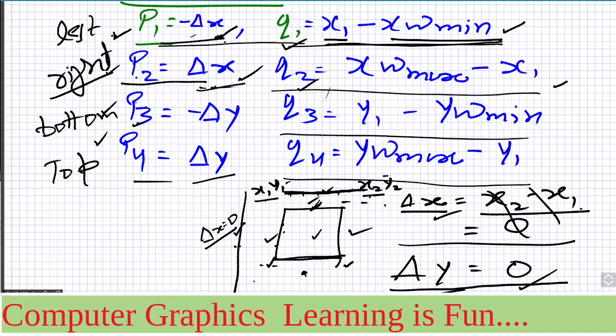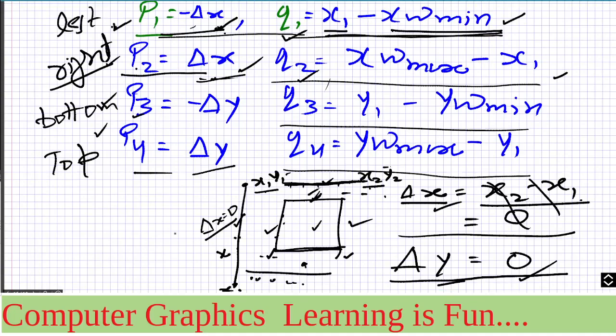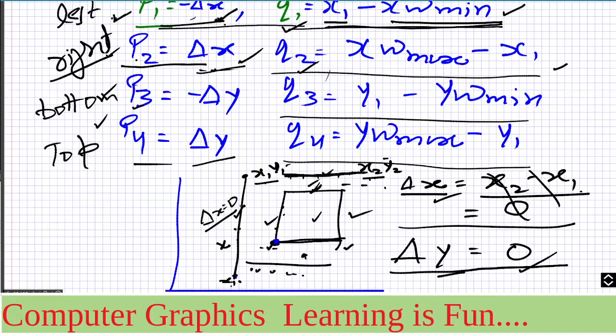Let us think about the x values. For this line, any x1, whether it is this one or this one, this x1 value of any point, if we do x1 minus x min of the window, what will we get in this coordinate system? x1 this value minus this value.